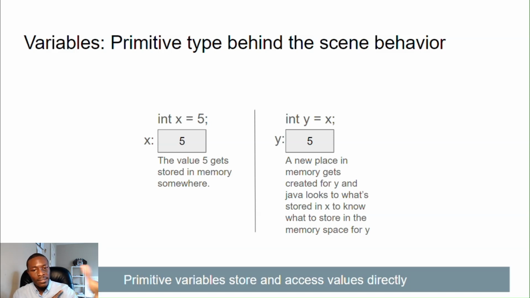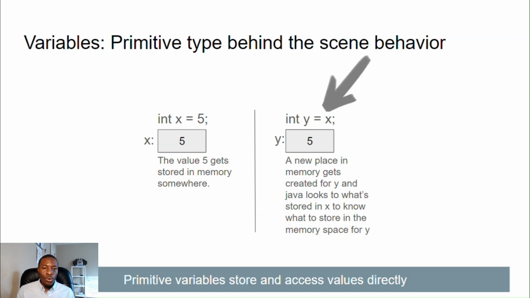In our case, it's 5. If in the future we change x to equal 10, Java is going to go to the place in memory for x and change that value to 10.